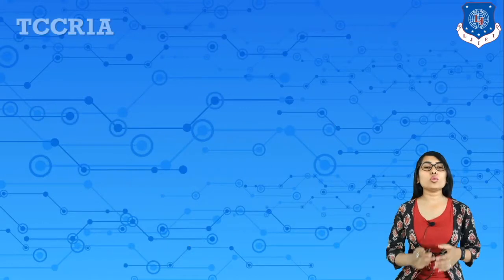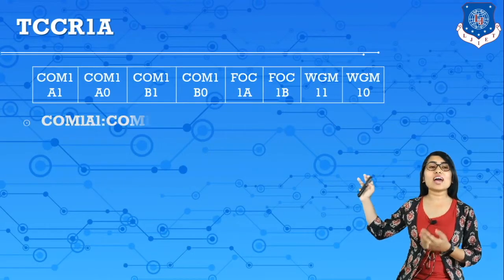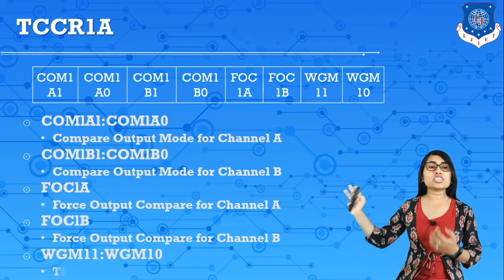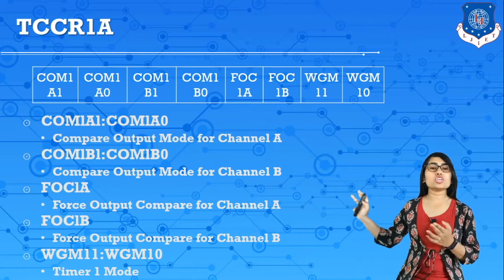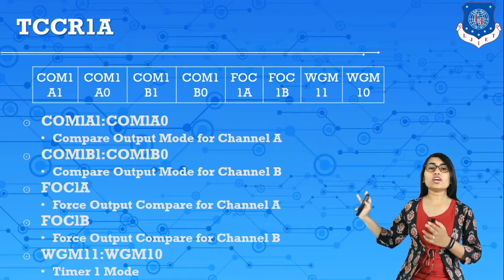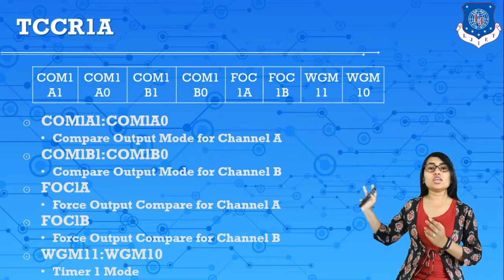Timer 1 has first TCCR1A. In TCCR1A there are COM1A1, COM1A0, COM1B1, COM1B0, FOC1A, FOC1B, WGM11, WGM10.